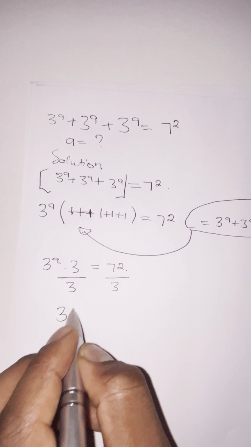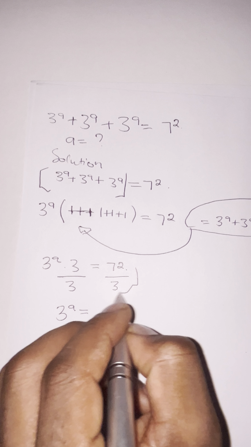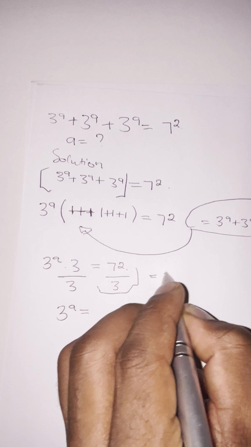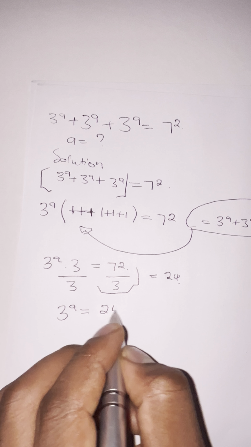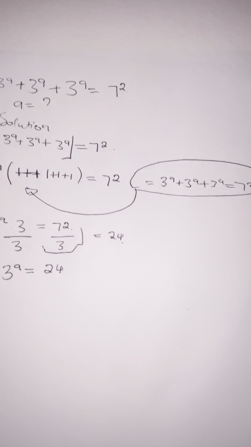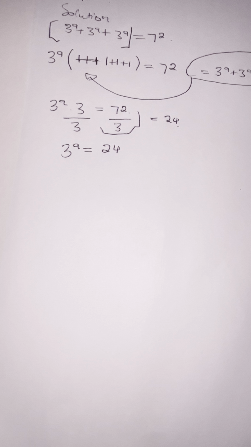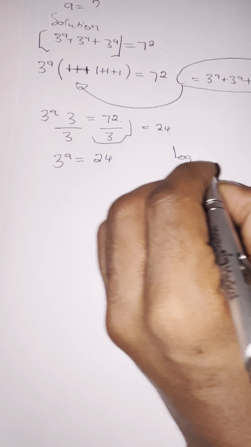Now, 3^a is equal to 24. 72 divided by 3 is equal to 24. What do we do in this? Okay, we introduce log.